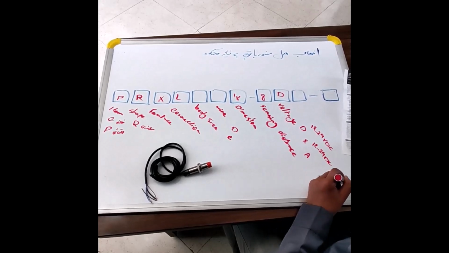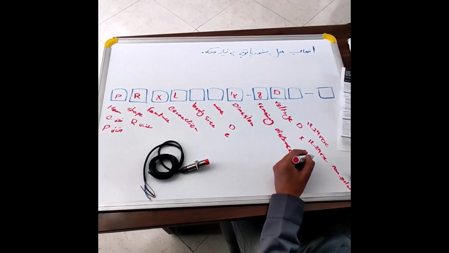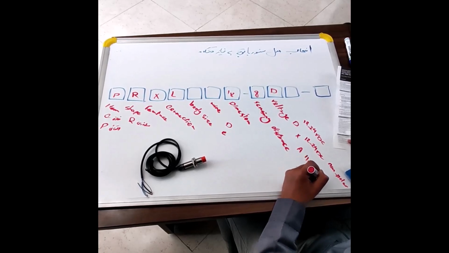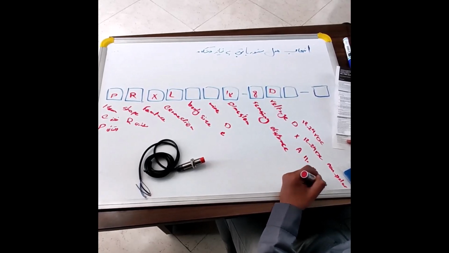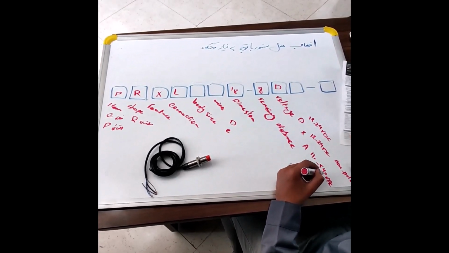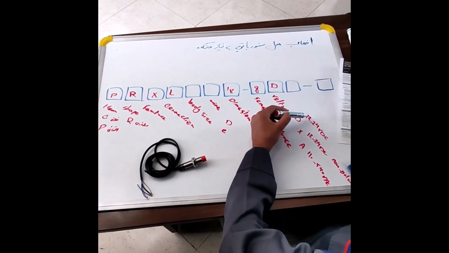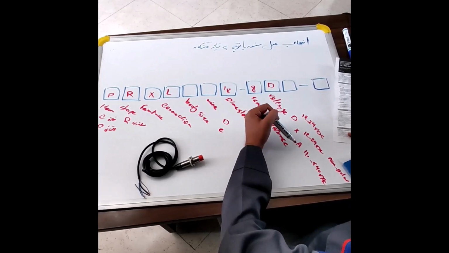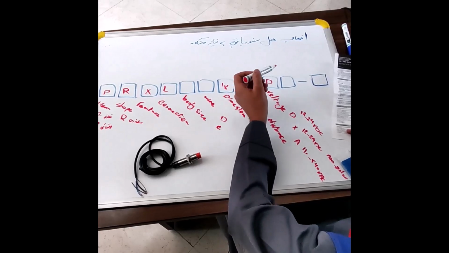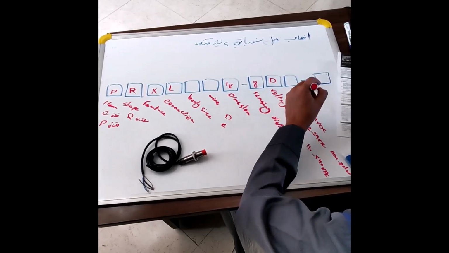The letter A shows from 110 volts to 240 volts AC, or from 100 volts to 240 volts AC. So if it is displayed with the letter D, it is 24 volts DC. If it is the letter A, it is 220 volt AC.